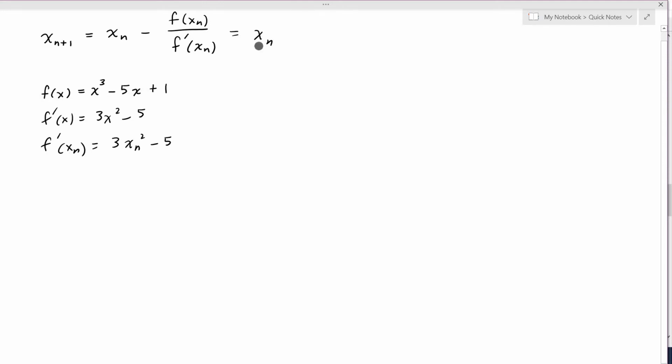That's our function, which gives us x sub n cubed minus 5x sub n plus 1, all over f prime evaluated at x sub n, which is this. So if we know x sub n, then we can find x sub n plus 1 using this formula.